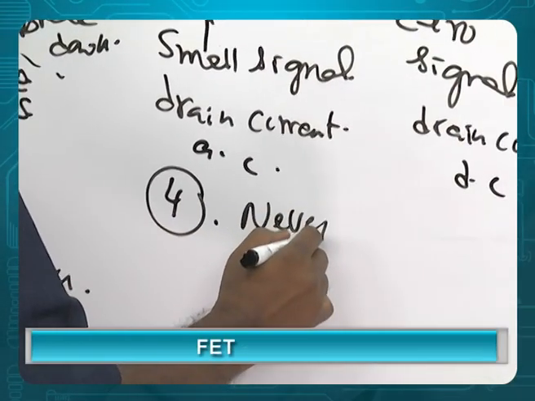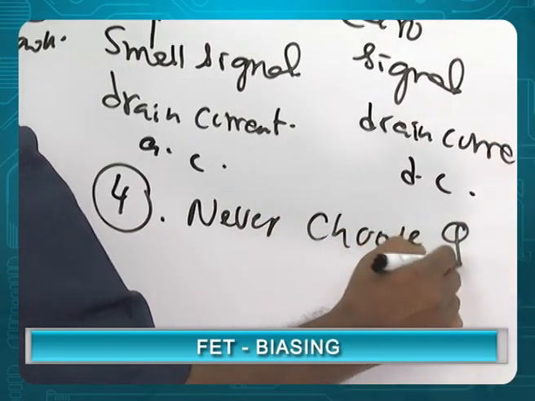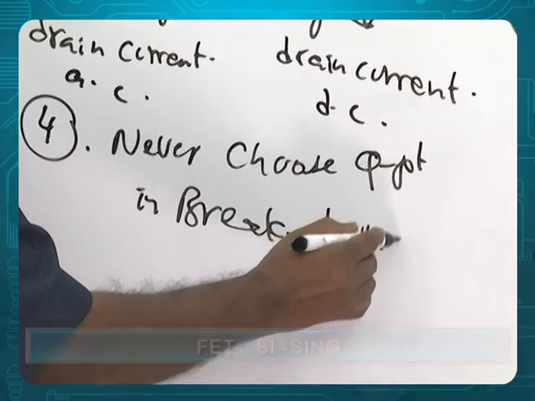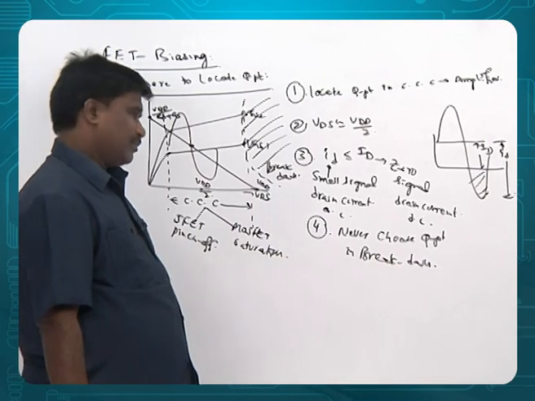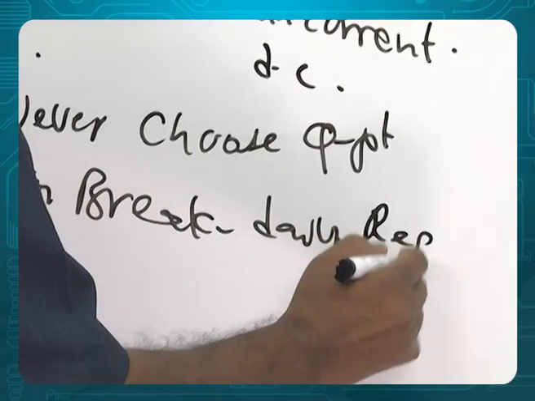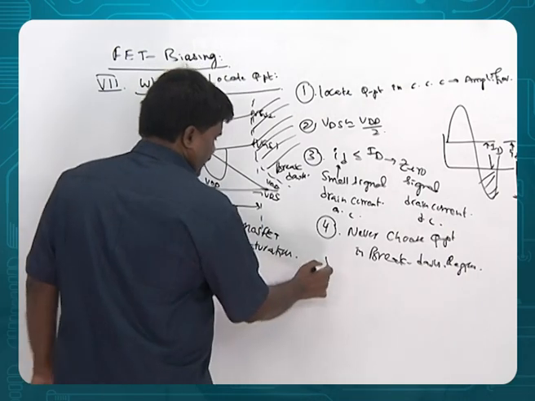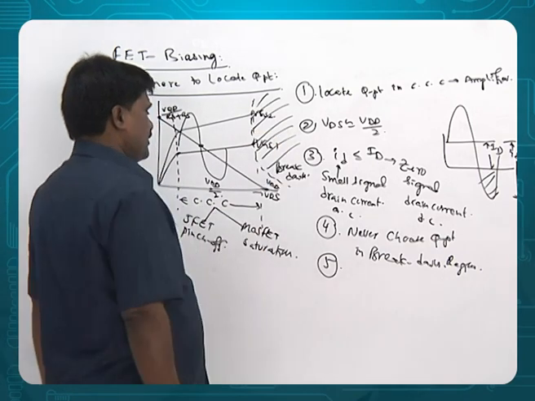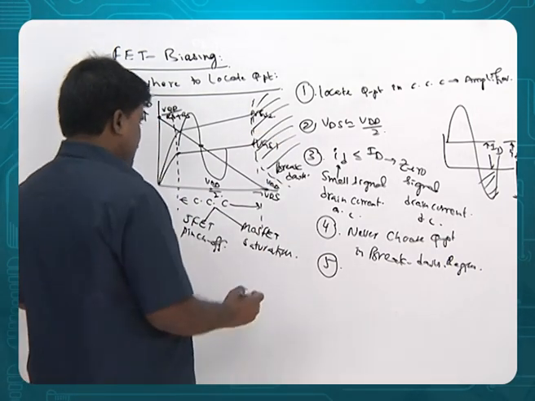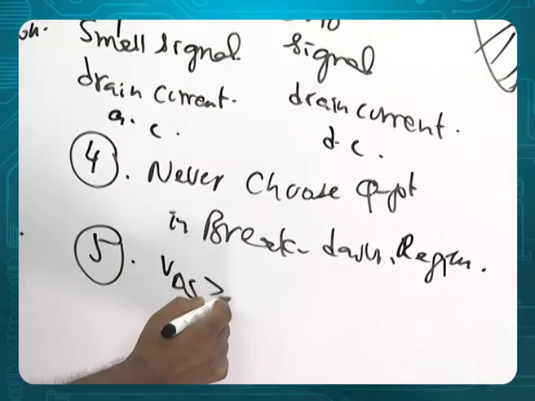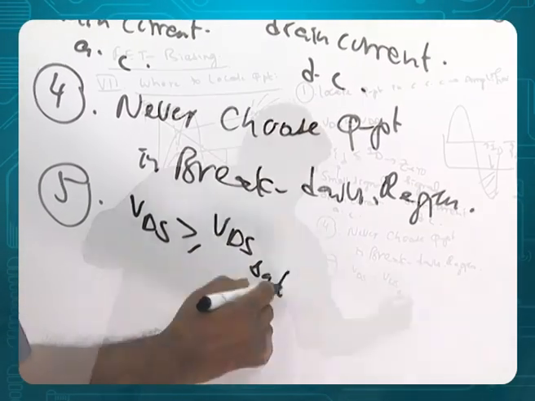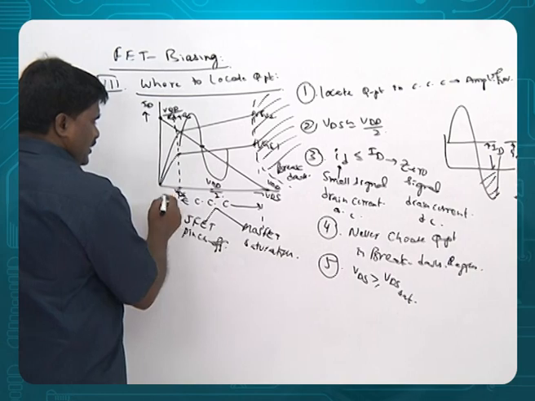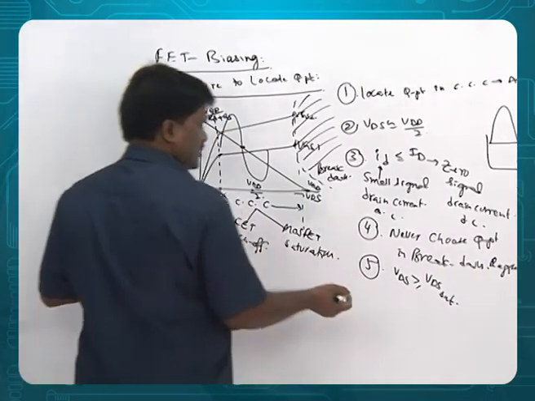So never choose Q point in the breakdown region, because if you take it in the breakdown region, this cannot act as an amplifier. And the fifth one is, see that VDS is greater than VDS saturation, because the saturation is starting from here, or constant current is starting, so that it's not in the switching.